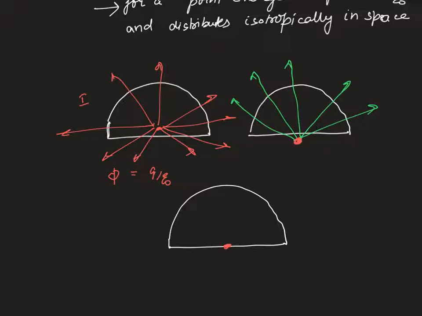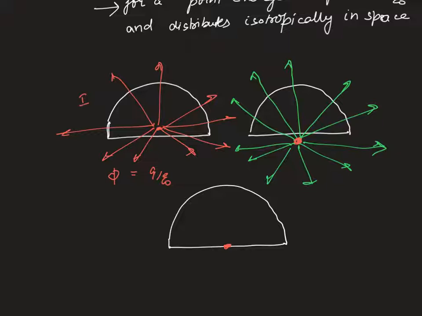So in this case, you have field lines, let's say 1, 2, 3, 4, 5 lines that are entering the hemisphere, and there are some other field lines also that are not exactly entering the hemisphere, like these. Now the total number of field lines or the total flux is obviously q by epsilon naught, but what about the flux that passes through the hemisphere?